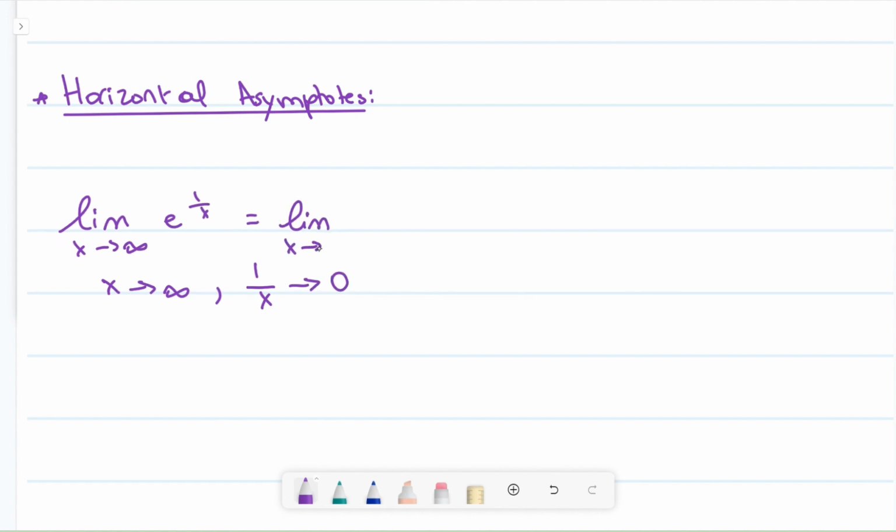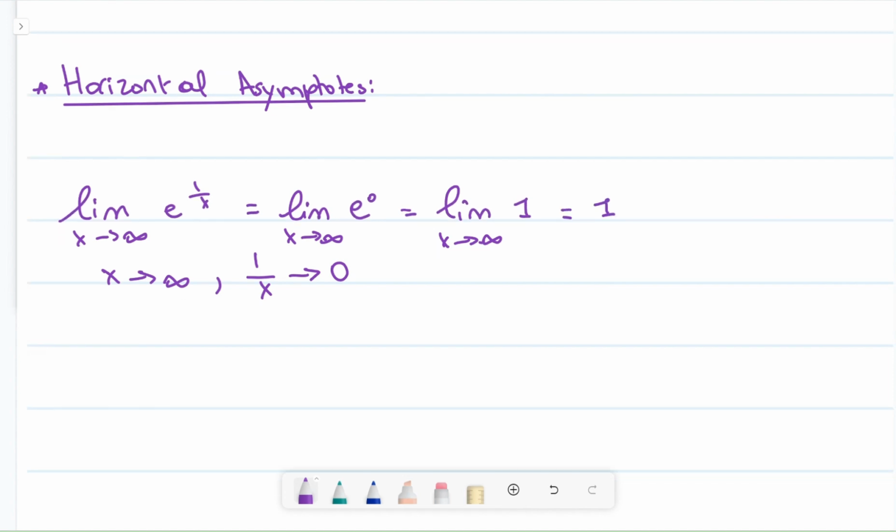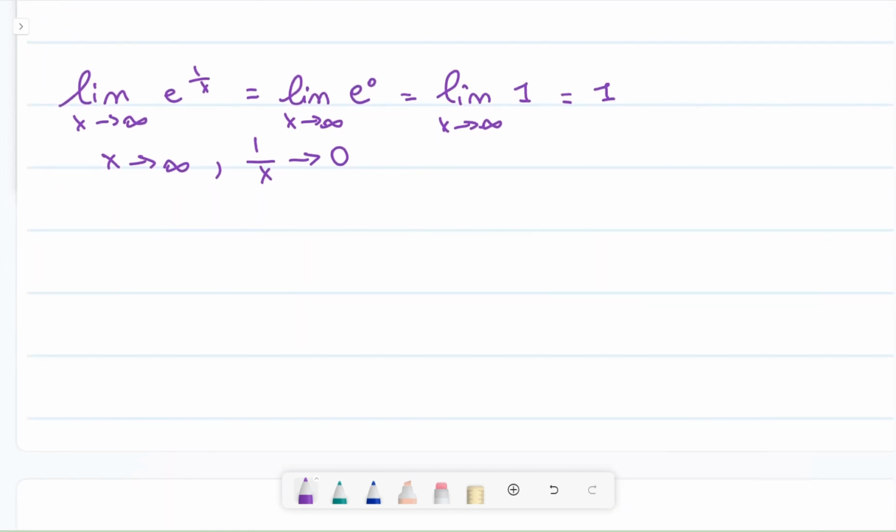So the limit as x approaches infinity of e to the power of 0 is 1, and the limit of a constant is the constant. So we have a horizontal asymptote at y equals 1.